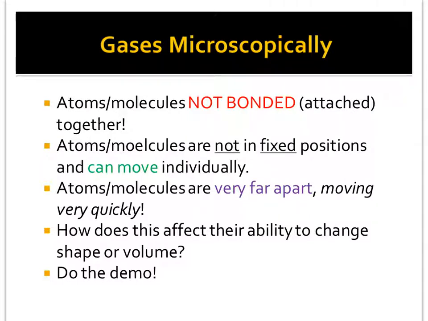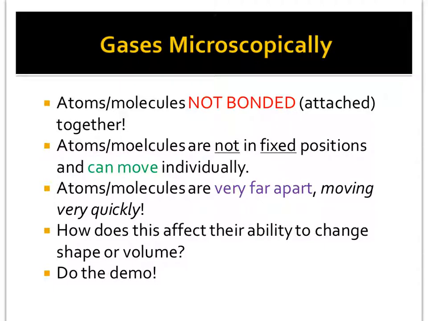Finally, gases. Here, the atoms and molecules are not bonded together. They're not really attracted to each other. They're zooming as fast as they can, all around, all the time, wherever they want, within the confines of their container. So they tend to be very far apart.